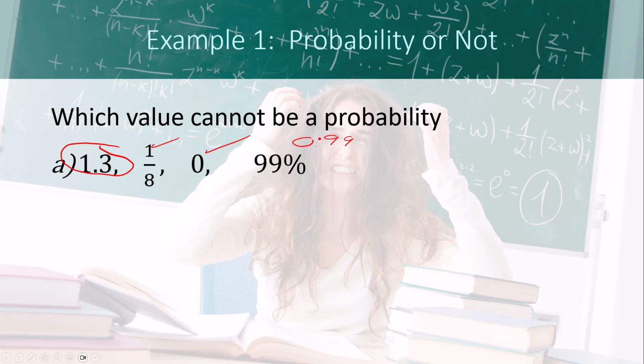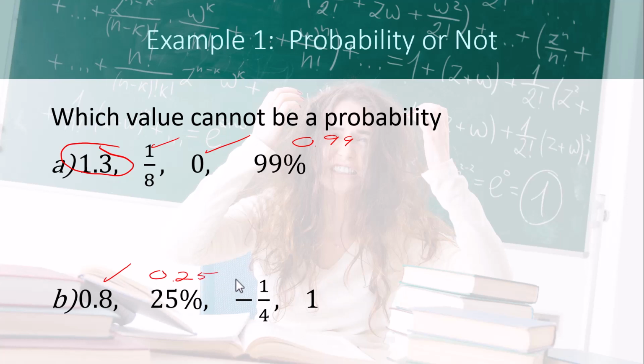So that would be okay as well. Next, what do we have here? Well, this one would be fine. Once again, as a decimal, this is 0.25, so that's between 0 and 1. This is a negative number. Can't be this. Okay? And of course, it can indeed be 1. Okay, so that is the first thing that we need to talk about relative to probabilities, and the first thing you'll be assessed on in your homework.